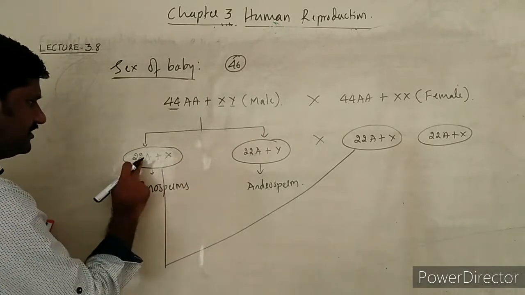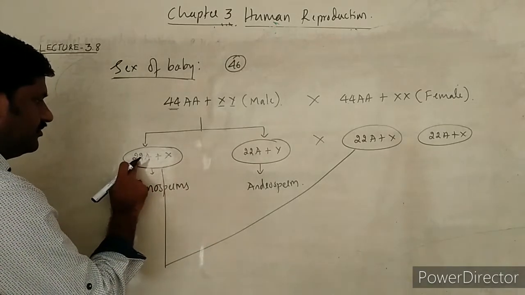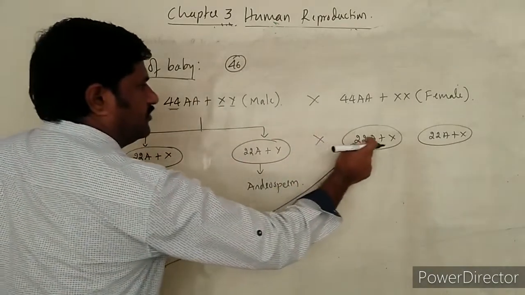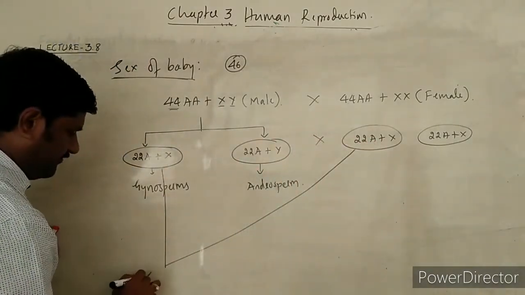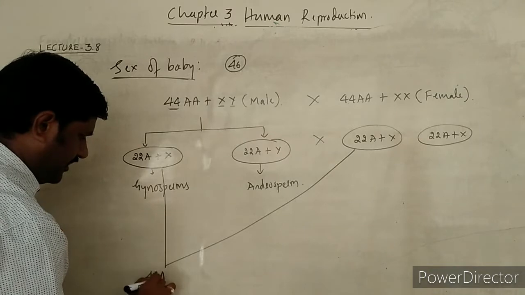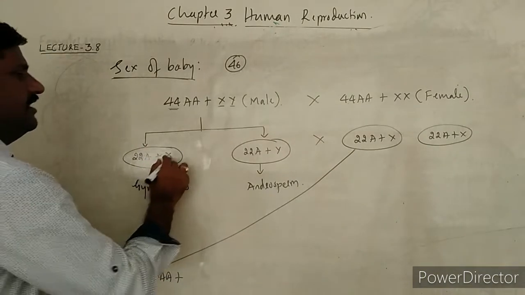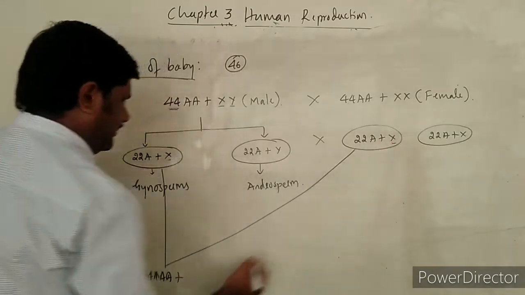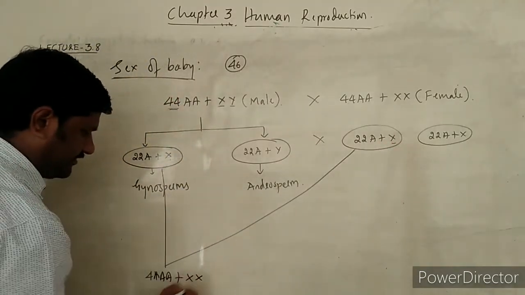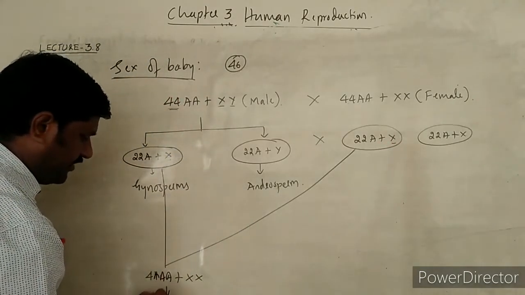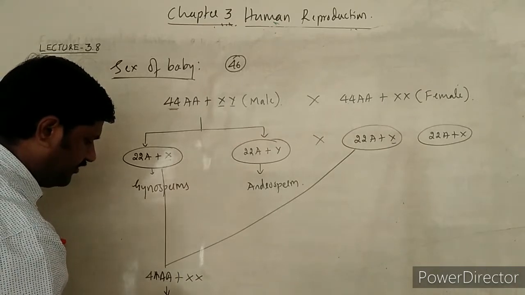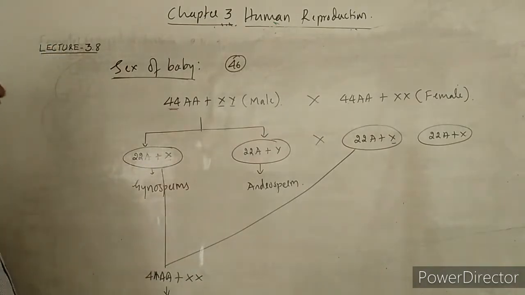You imagine yourself. 22A plus 22A, so totally 44A plus X here and X here. That is XX. Then this baby is a female baby.